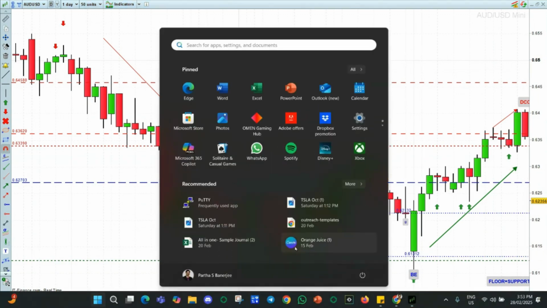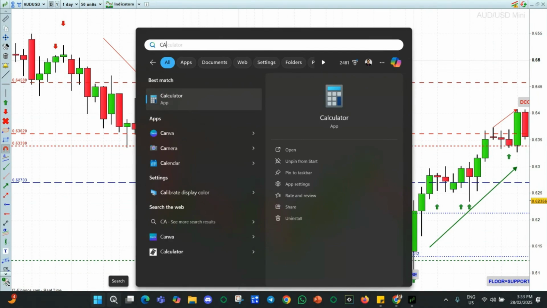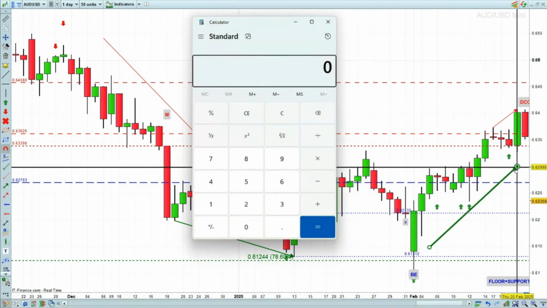How to calculate the midpoint is very simple. You open the calculator and add the open and the close without the decimal, then divide by 2. So the open is 6340, close is 6402, equal to 12,742, divided by 2.